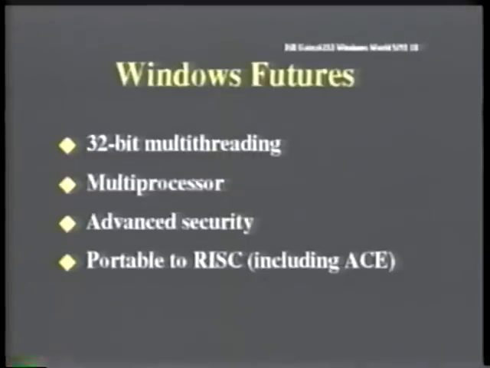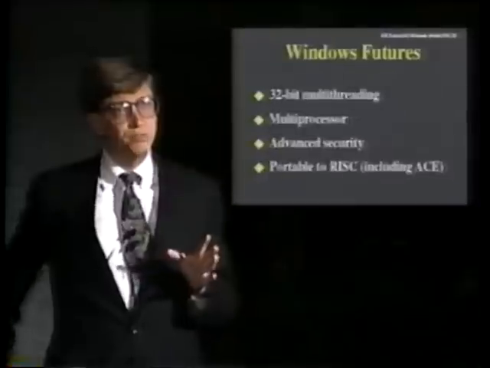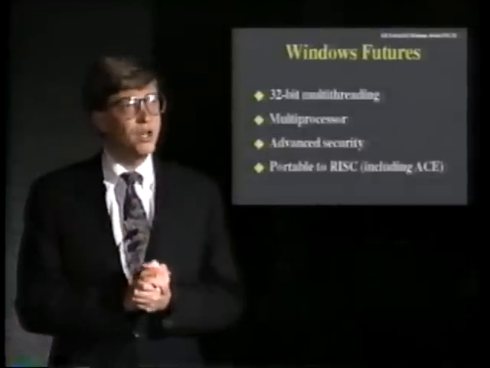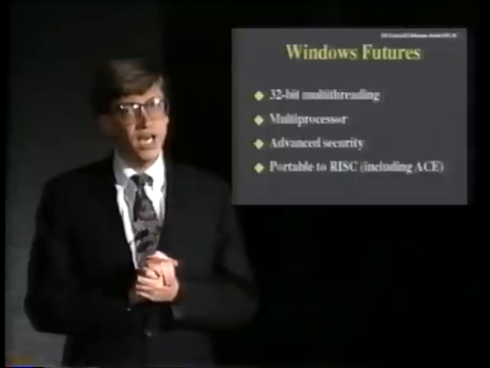We add advanced security features, and we also, for the first time, allow Windows to move on to different architectures. And although we don't expect these machines to comprise a large amount of volume in the years ahead of us, we think there are important ways that customers may want to use RISC machines.